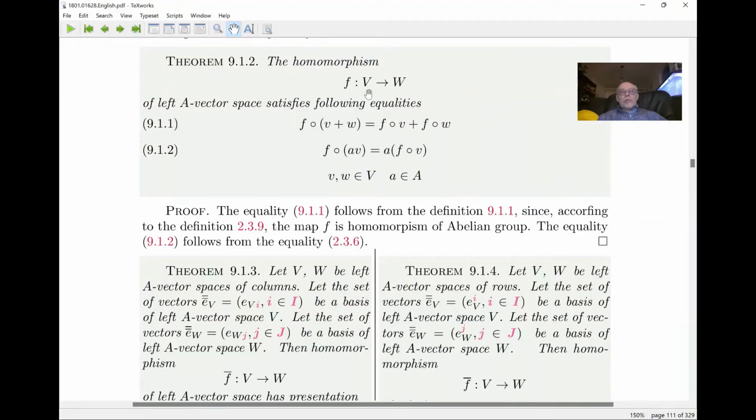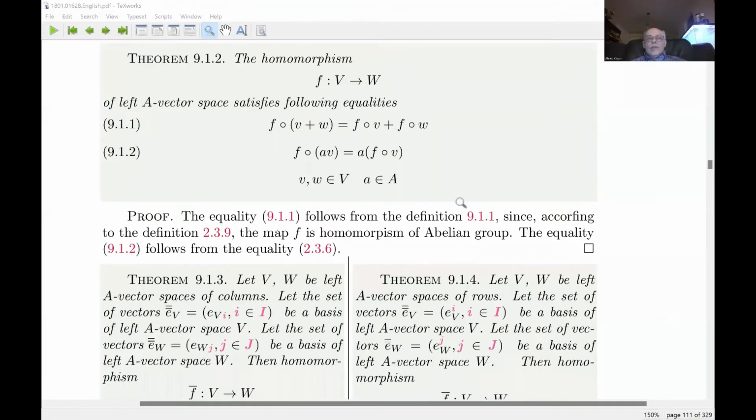The homomorphism F of left A vector space satisfies equalities 1.1 and 1.2, where v, w belong to a vector space V and a belongs to the algebra A. The difference between homomorphism of left A vector space and its linear map is very important.